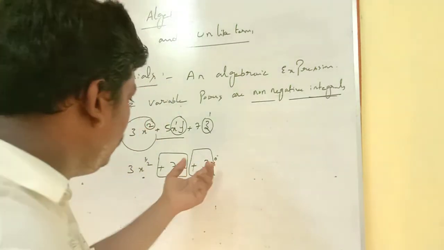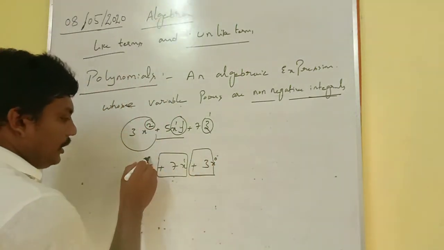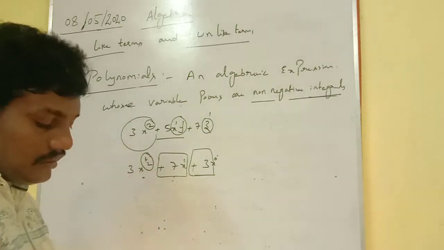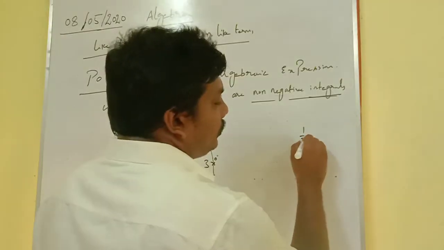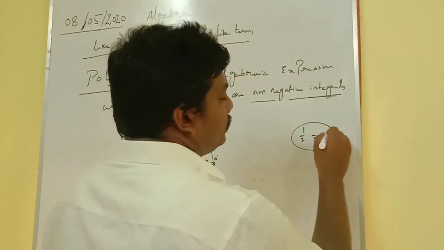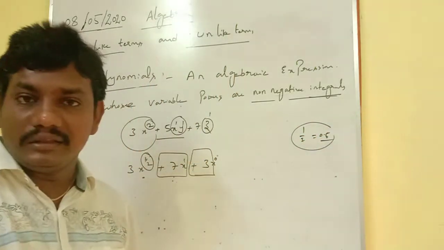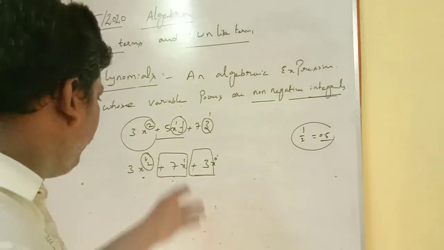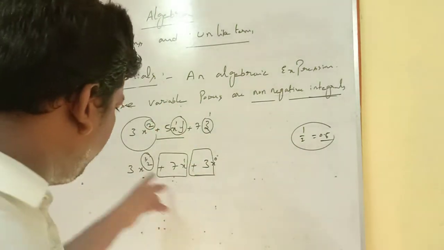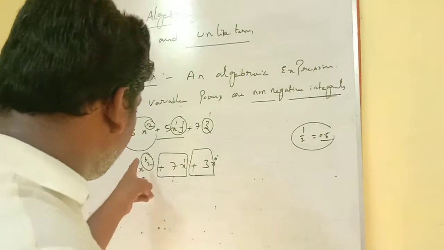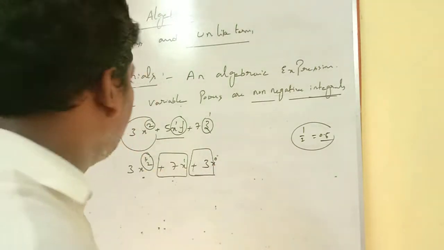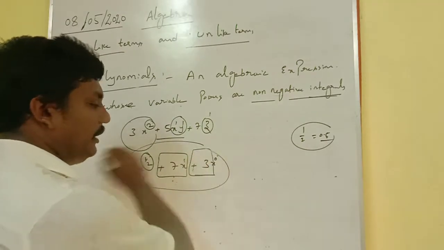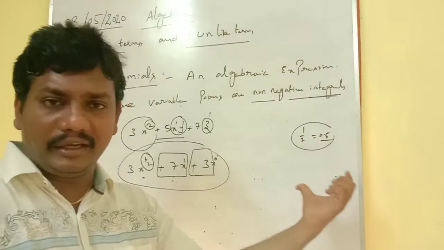Then coming to the first term, it is non-negative but it is not an integer. 1 by 2 is equal to 0.5. This is a decimal, not an integer. Whenever we see a variable power as a non-integer value, we can decide that it is not a polynomial, it is only an algebraic expression.